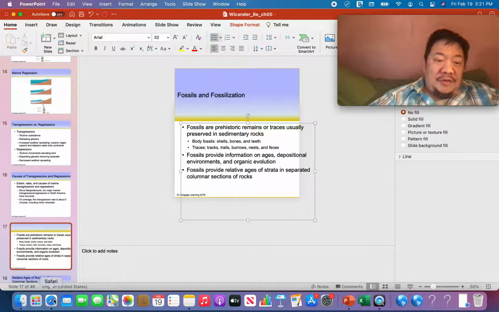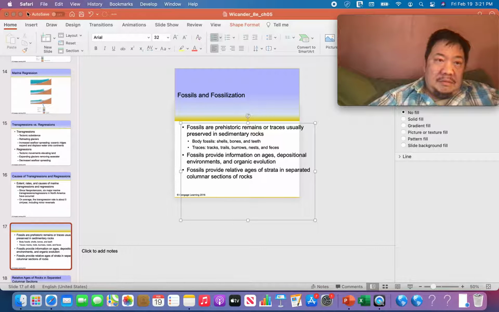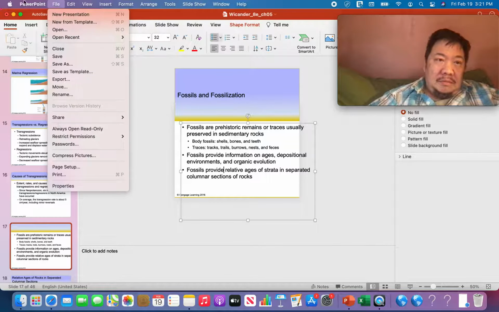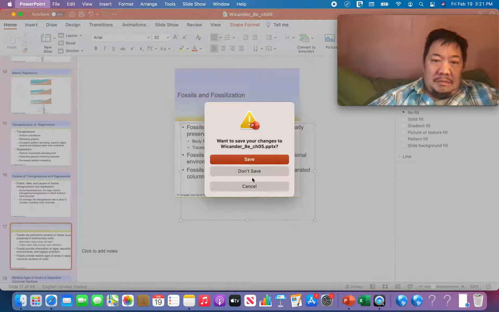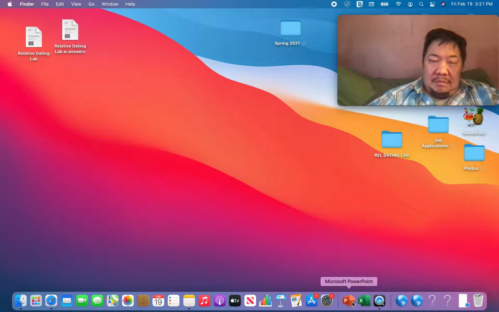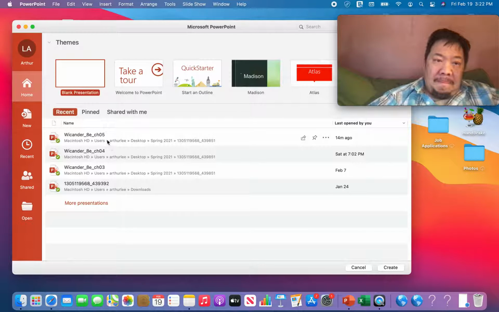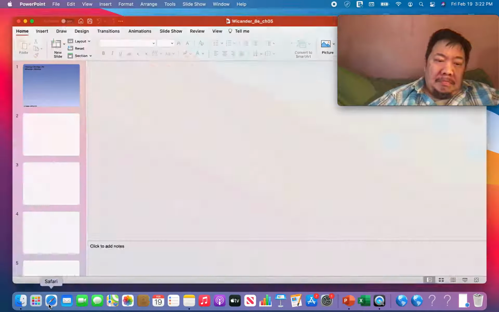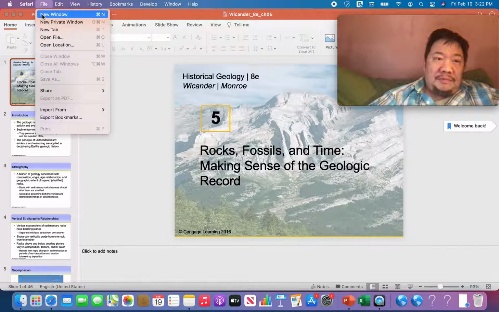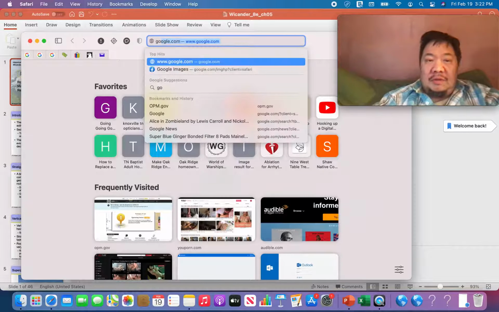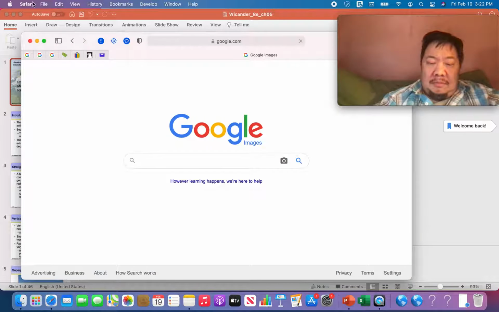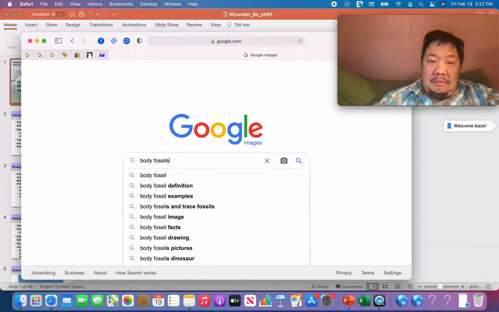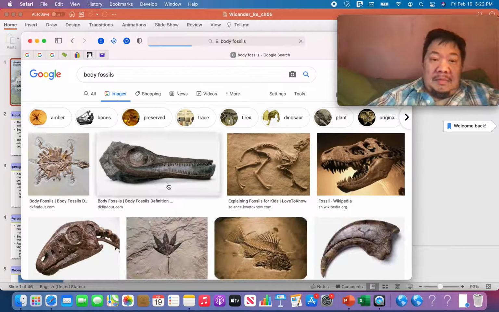Let me show you some pictures of that. I'm going to show you some pictures of body fossils first. This is a skull of an ancient reptile.